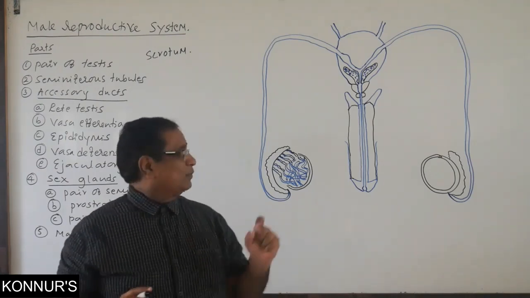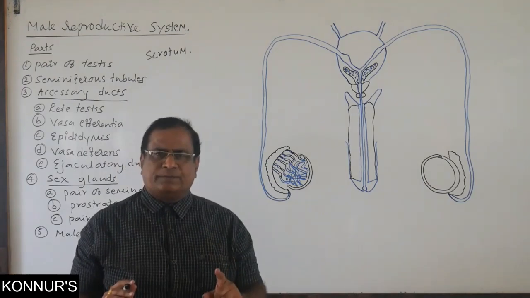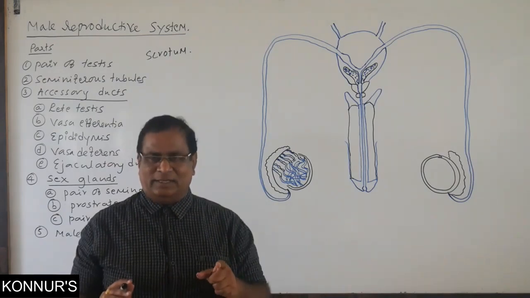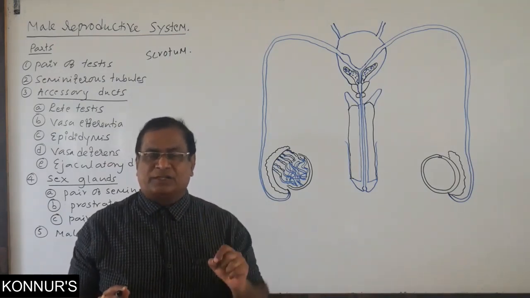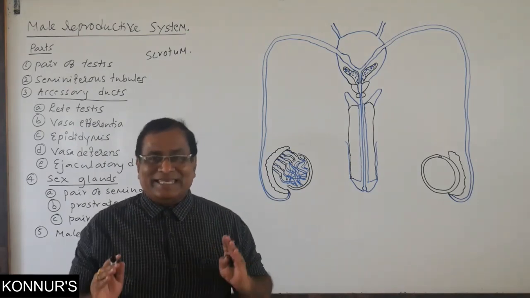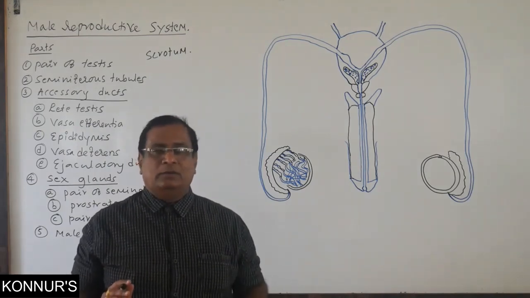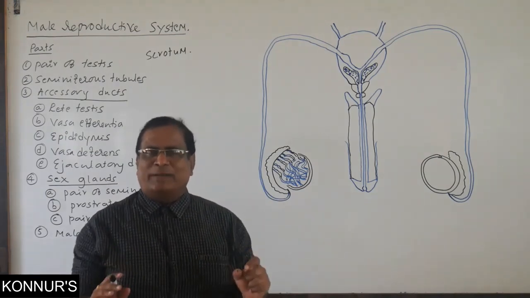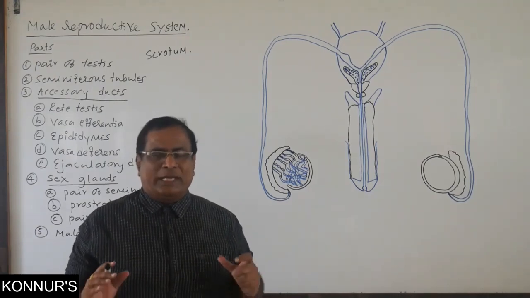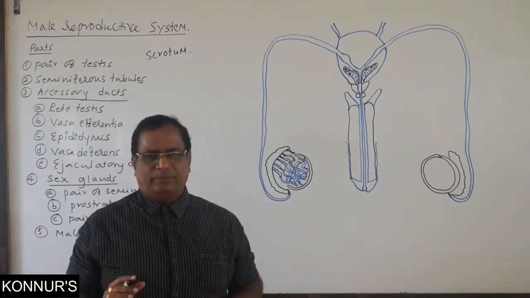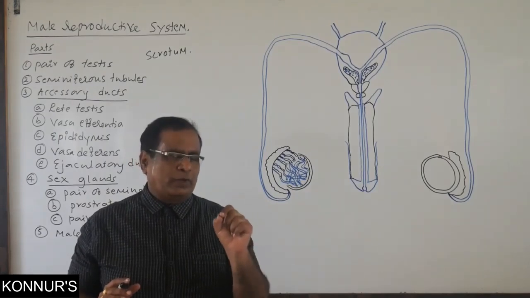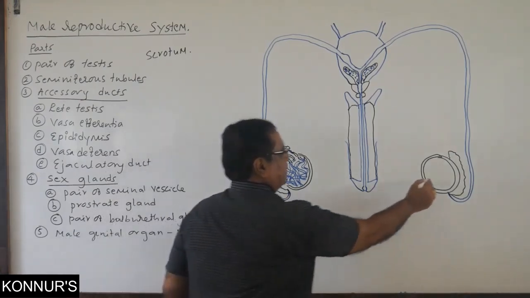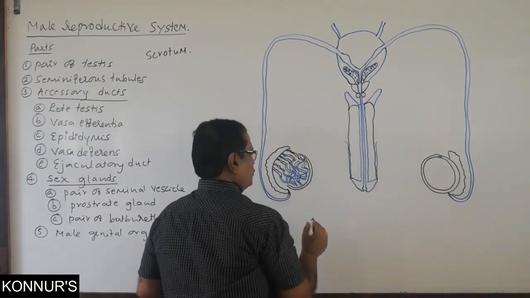If the temperature in the scrotum is high, spermatogenesis will be stopped. That's why the scrotum, where the pair of testes are enclosed, should have a lower temperature than the internal body temperature.